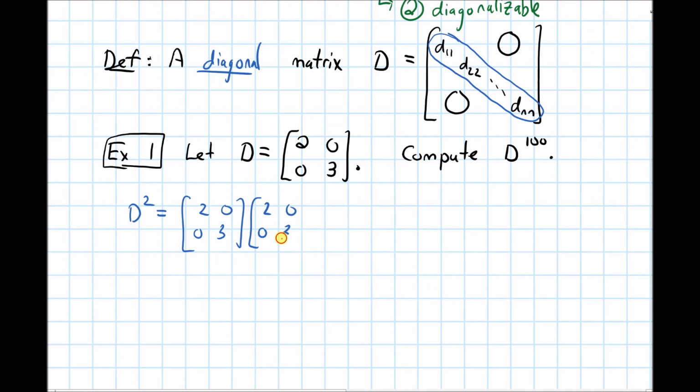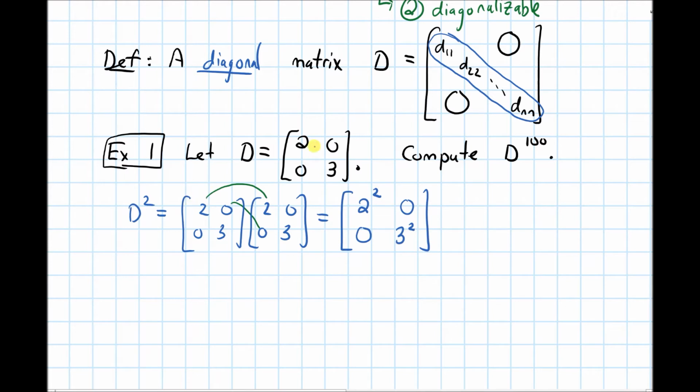If we do the row column rule, I'll do it slowly for the first entry and then a little more quickly after that. I would do 2 times 2 and then 0 times 0, and that gives me 2 squared. The entry underneath is 0, the top right entry is also 0, and the bottom right entry is 3 squared.